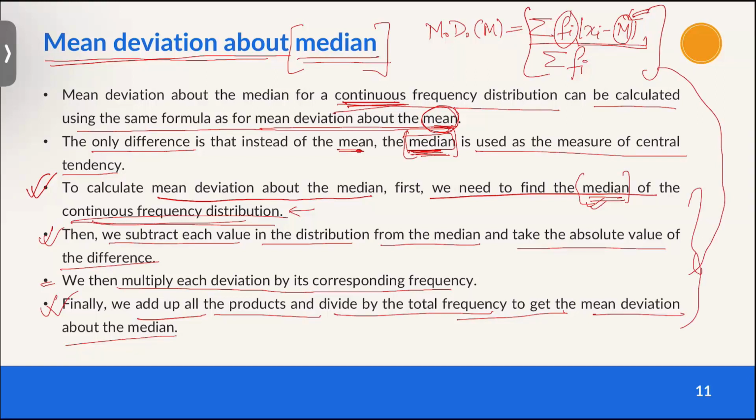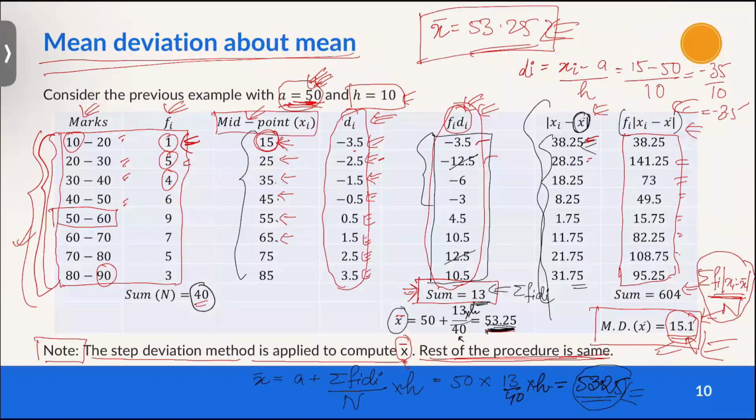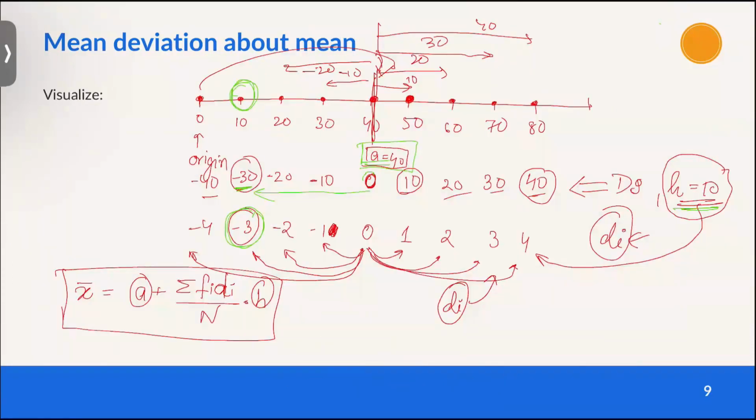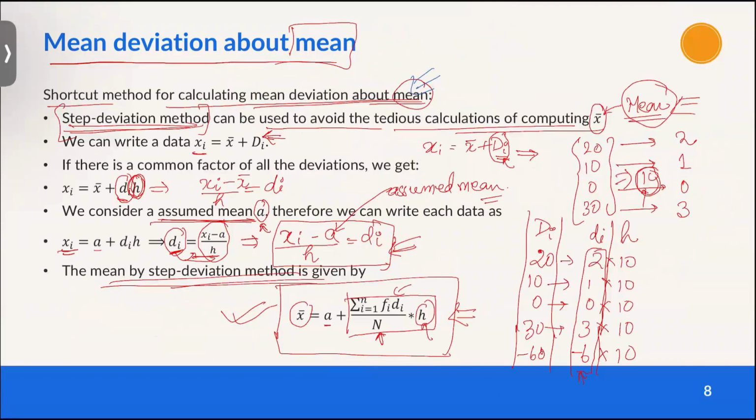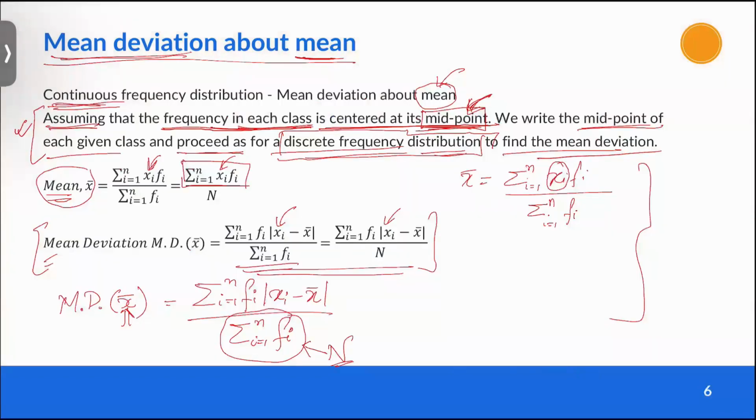Now you see, for a continuous frequency distribution, each value is actually the mid value. Here also we did the same thing. We took the mid value. Why are we doing it? Because we are assuming, what did we write right here?